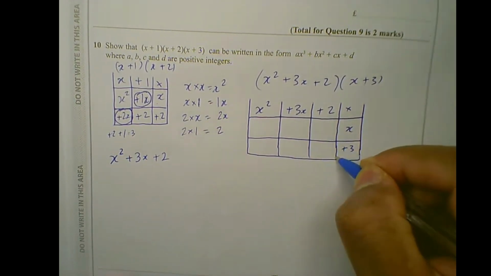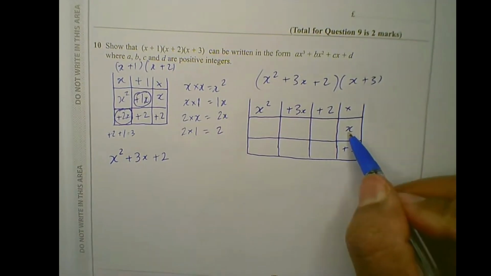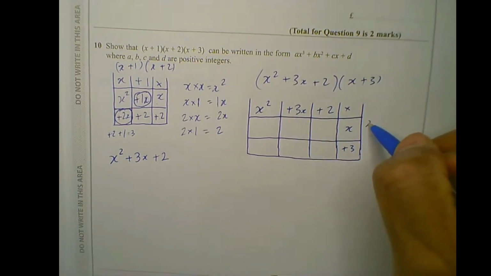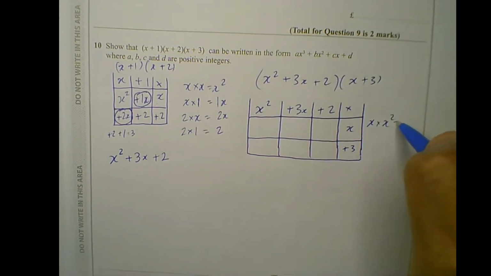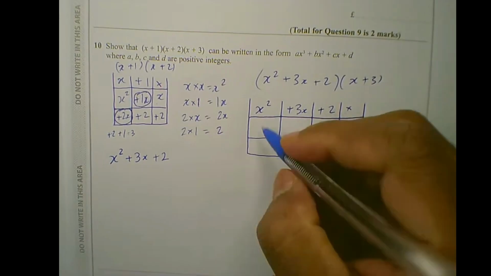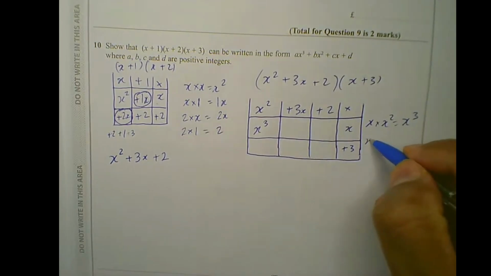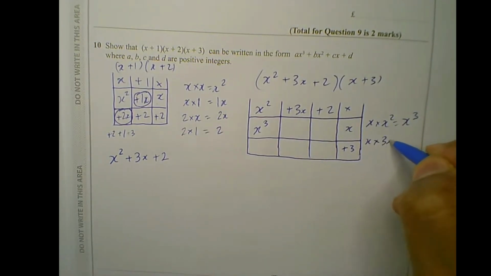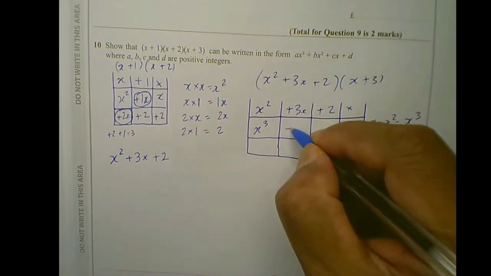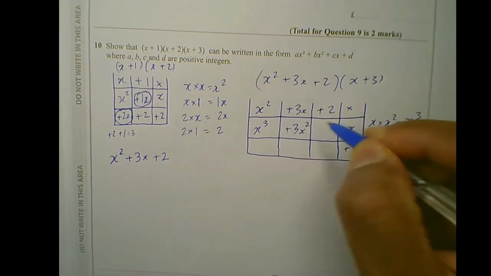Okay, and the same thing again, I expand this, so x times x squared gives me x cubed. X times 3x gives me 3x squared, plus 3x squared.